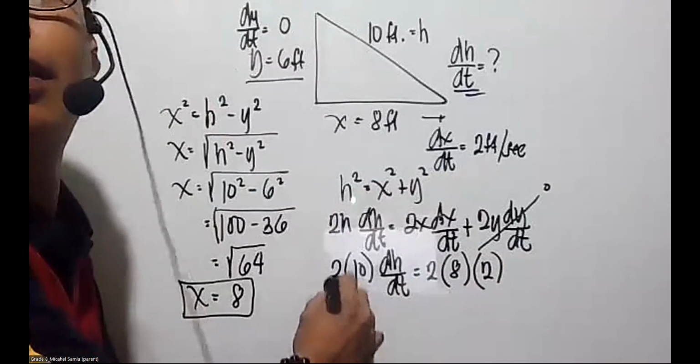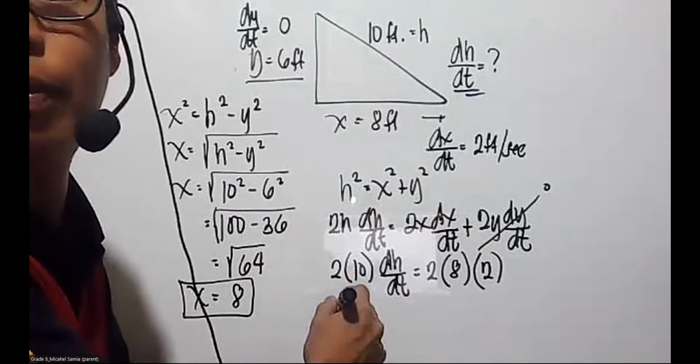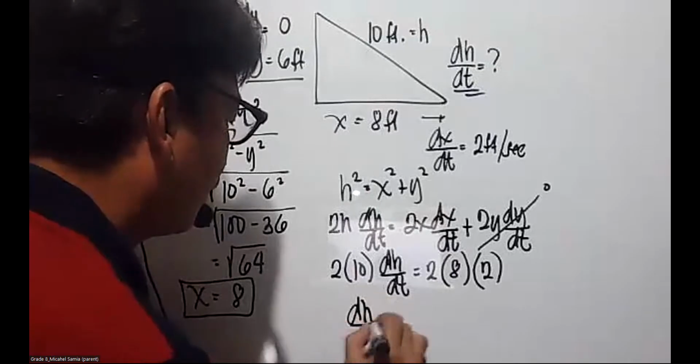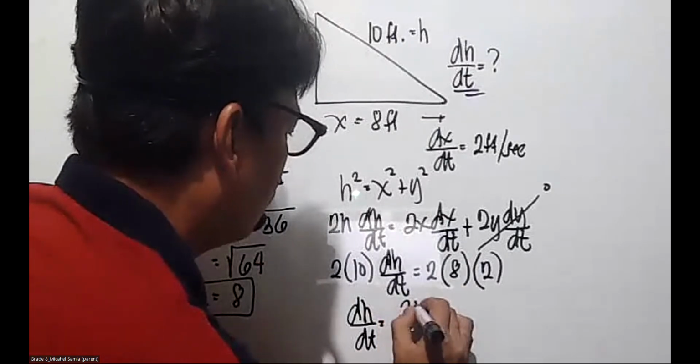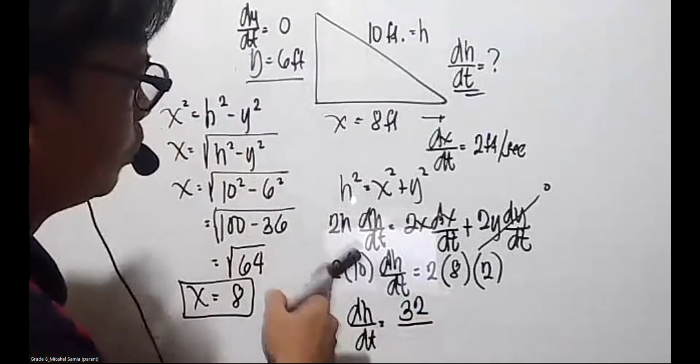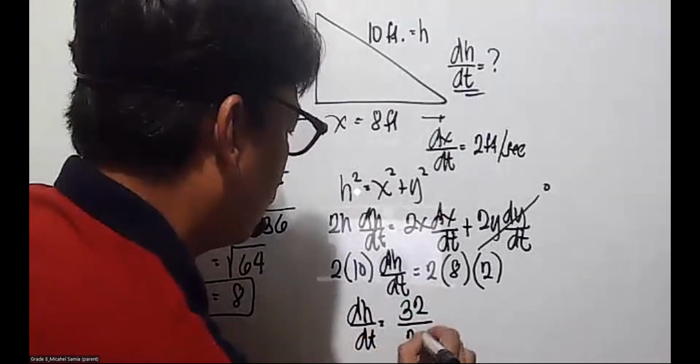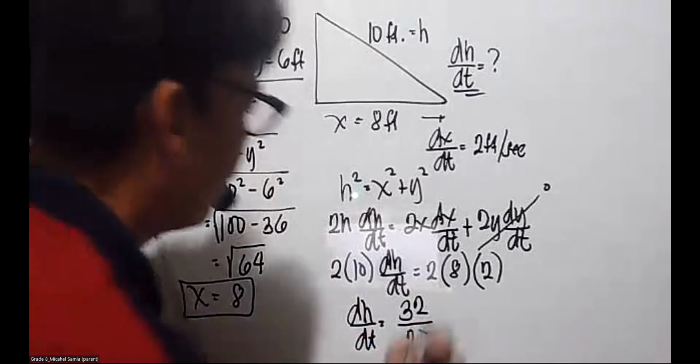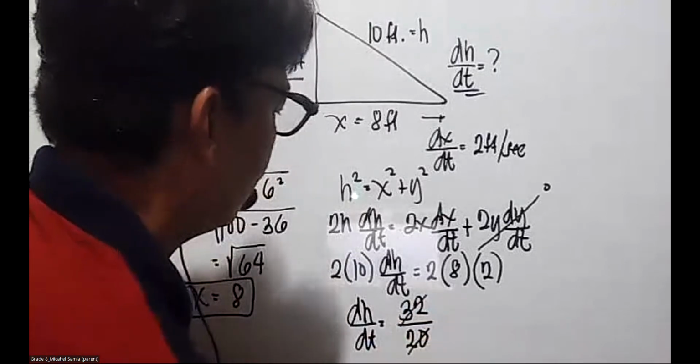Okay, isolating dh/dt, hopefully it's still visible, Josh? Yes, visible. Okay, so we have dh/dt equal to 32 all over 20, cross multiplying. Okay, so we could cancel 4.